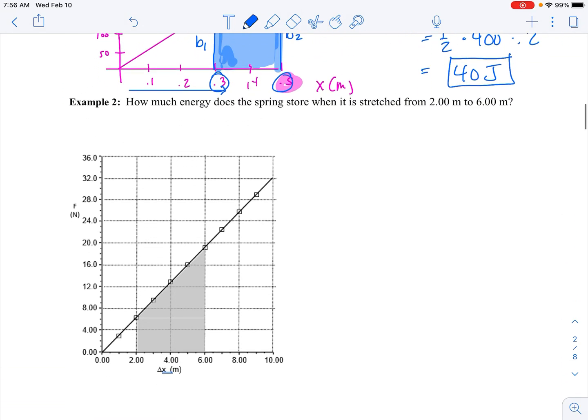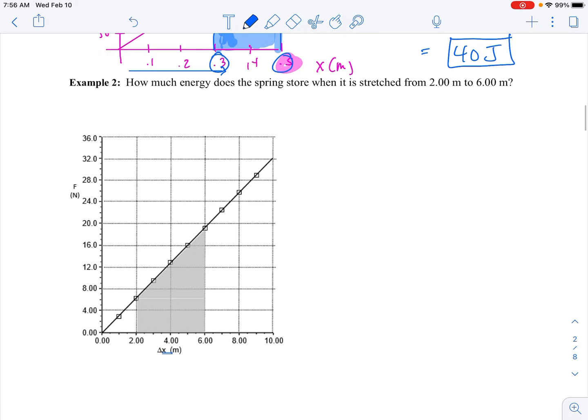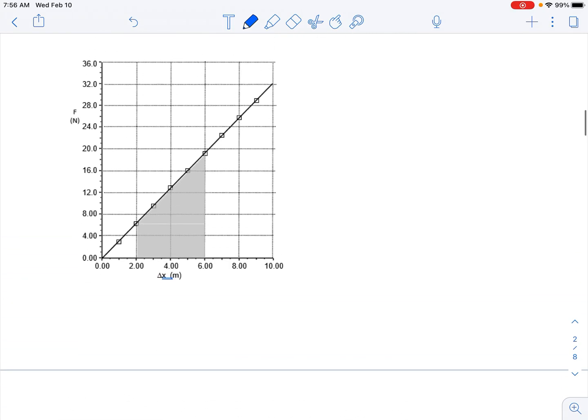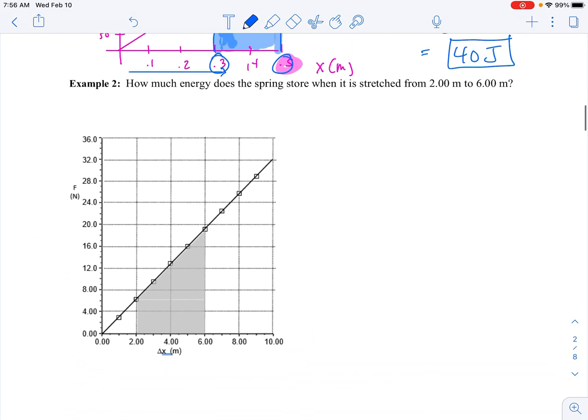Okay, let's try another one. Example 2: how much energy does the spring store when it's stretched from 2 meters to 6 meters? So this is the same as the last example. In order to find the energy stored, I'm going to find the area. Here the picture is provided for me. So I'm going to need to figure out b1, which I can get off of the graph.